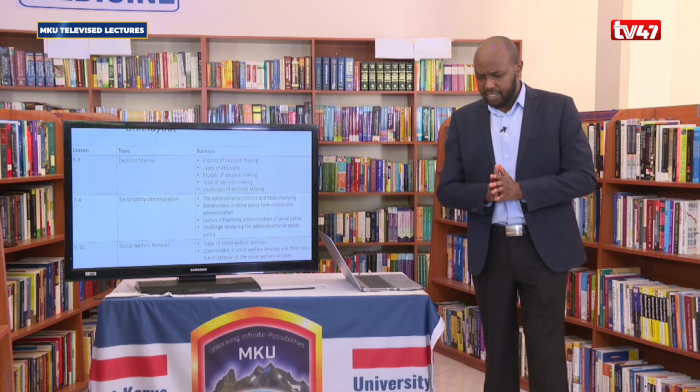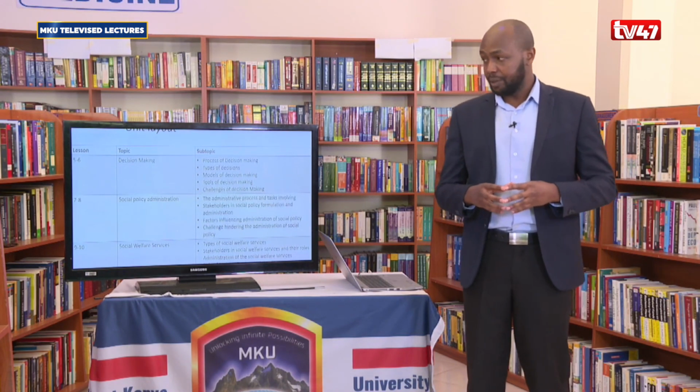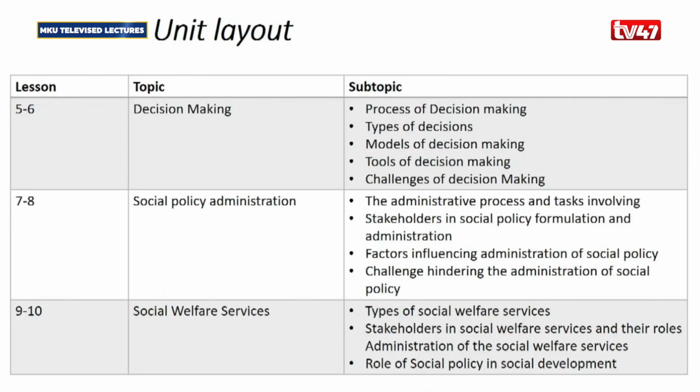Then next, we will be looking at social welfare services. In this case, we'll be looking at the different types of social welfare services that exist. We'll also be looking at the stakeholders that are involved and their roles in the administration of social welfare services, and the roles of social policy in social development.